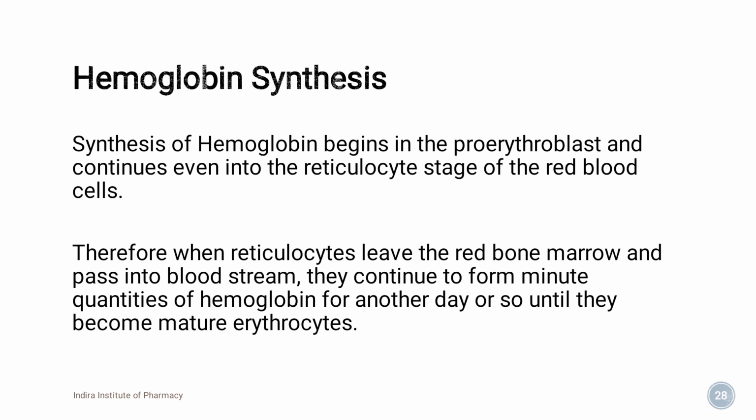Therefore, when reticulocytes leave the red bone marrow and pass into the bloodstream, they continue to form a minute quantity of hemoglobin for another day or so until they become fully mature cells, that is, erythrocytes.